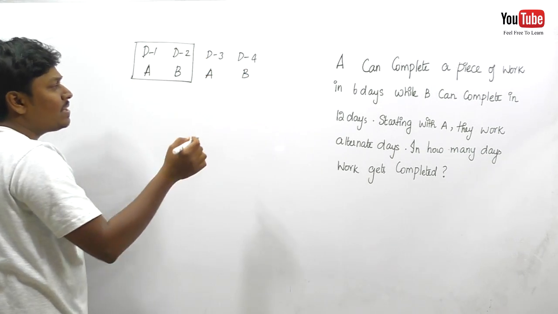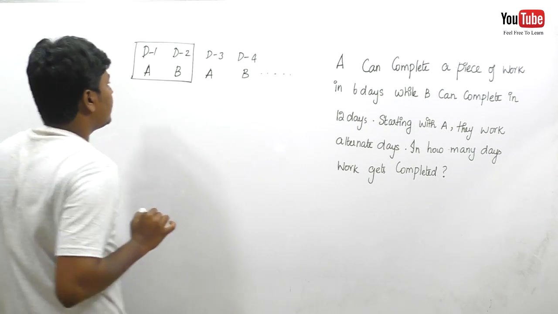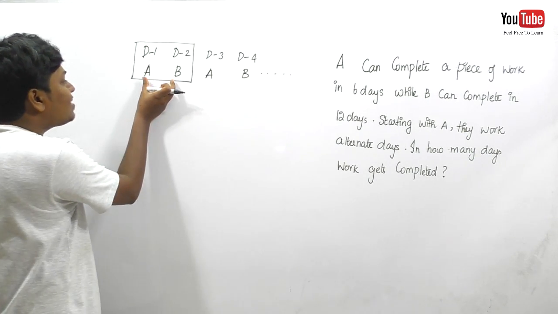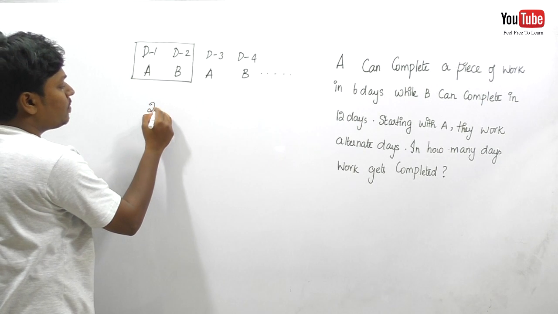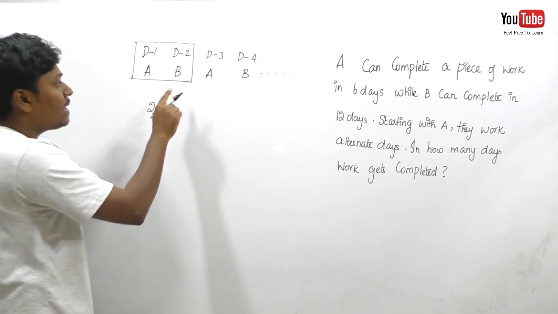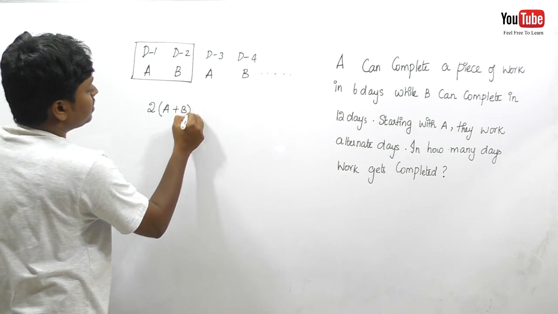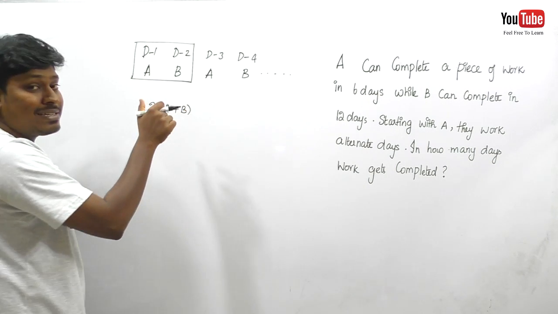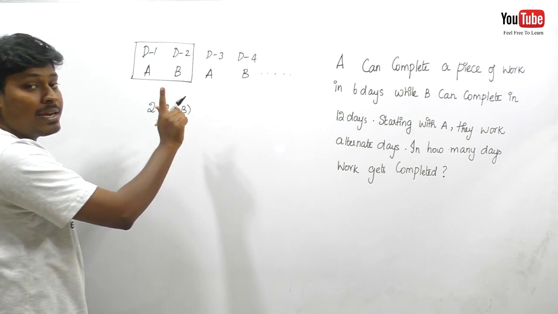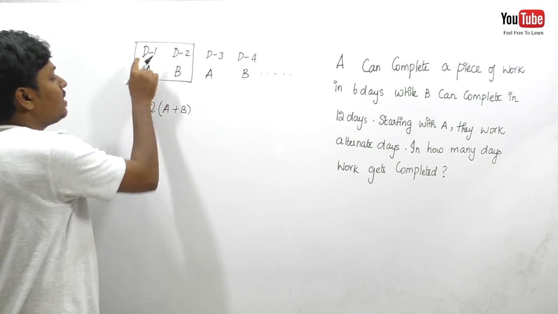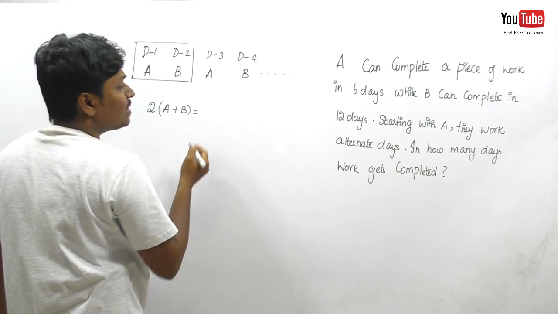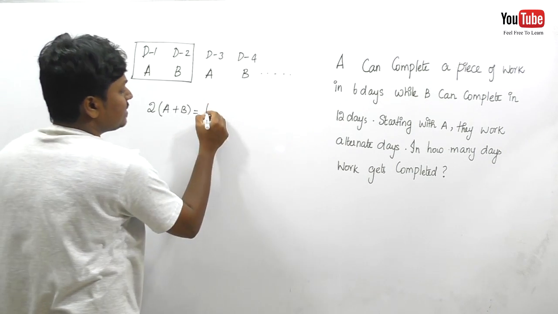So our target is to find when the work gets completed. So friends, in this cycle we have 2 days, but A is working for only 1 day and B is working for only 1 day. So I can write that A plus B. So this A plus B is one cycle where both the persons are working only 1 day, but the total days in this cycle will be 2. So, we know that A can complete a piece of work in 6 days.